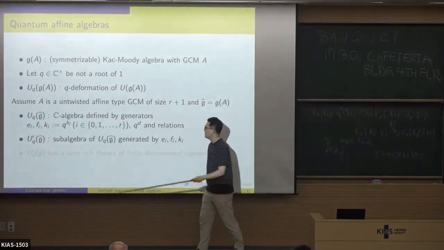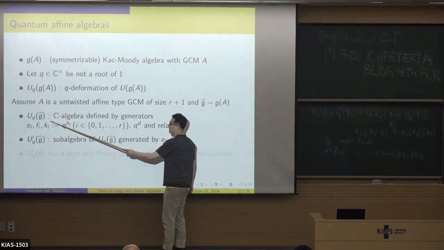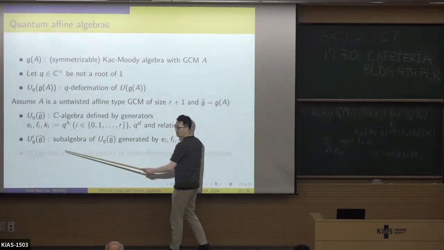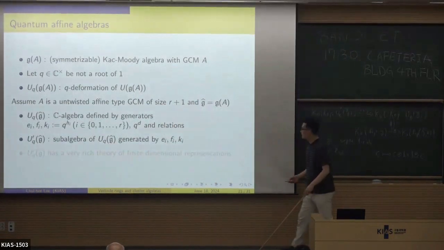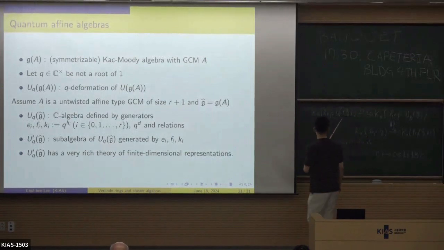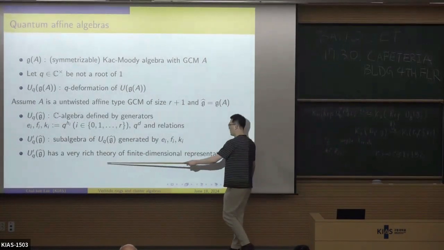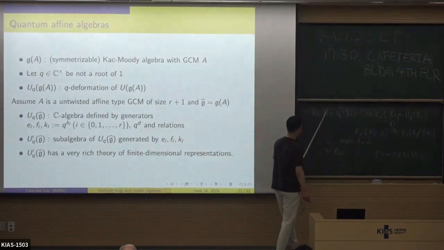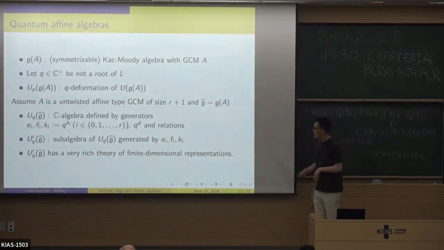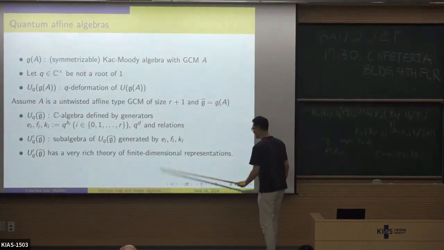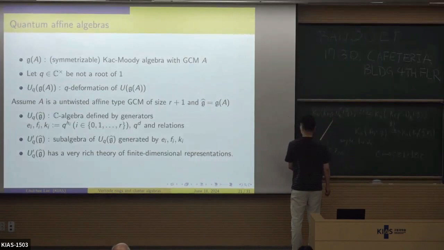And the difference is this one doesn't allow any interesting finite dimensional representation, but this one allows lots of finite dimensional representations. That's the difference. So here there is a very rich theory of finite dimensional representations. And so in the title, I put Verlinde rings and cluster algebras, and cluster algebras are relevant to this ring.